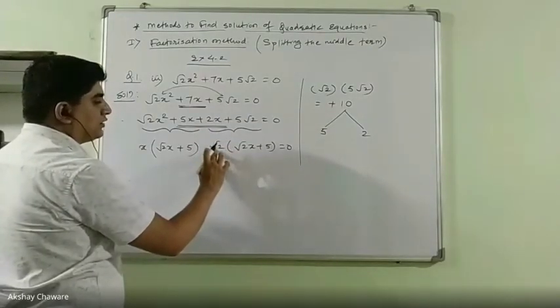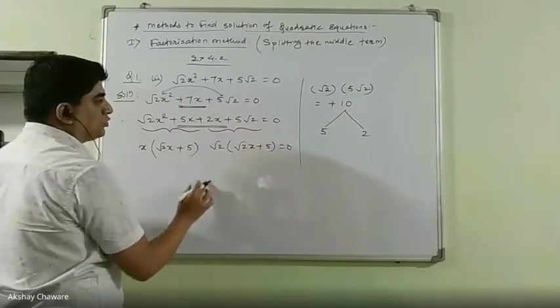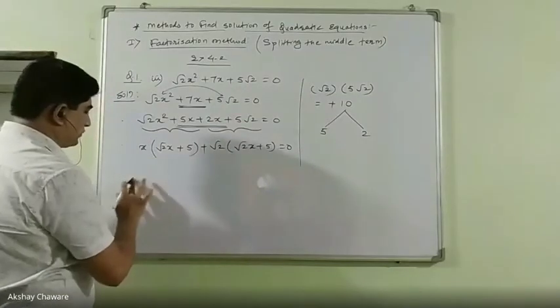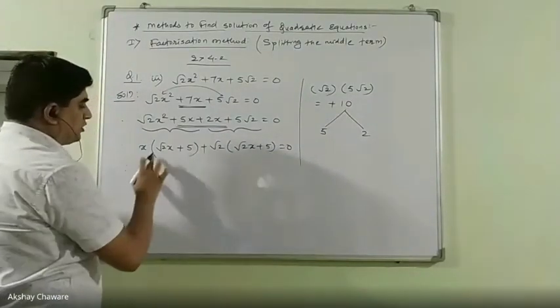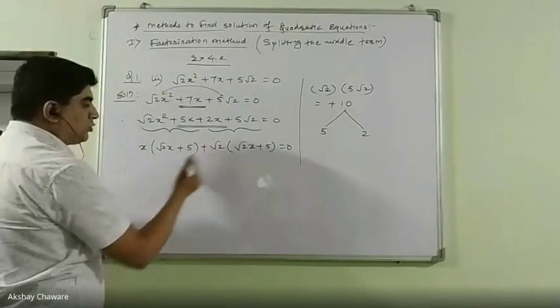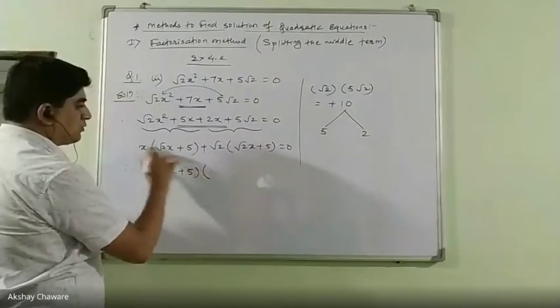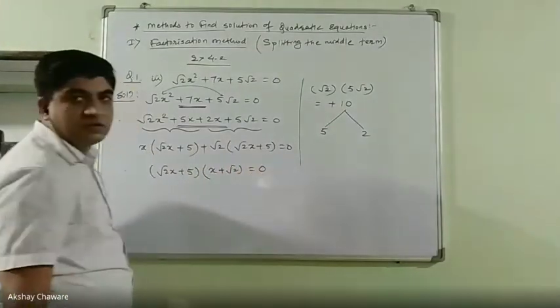We can verify it like this: root 2 into root 2x is 2x, and root 2 into 5 is 5 root 2, and the sign of this root 2 is positive. So again in this equation, the bracket root 2x plus 5 is common. So root 2x plus 5, and the second bracket will be x plus root 2, that is again equal to 0.